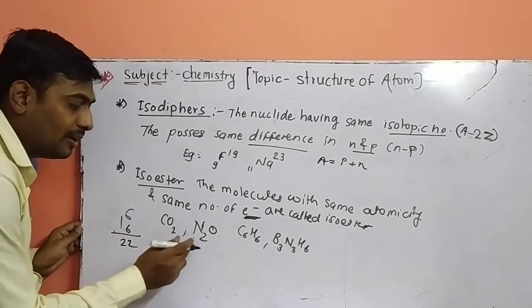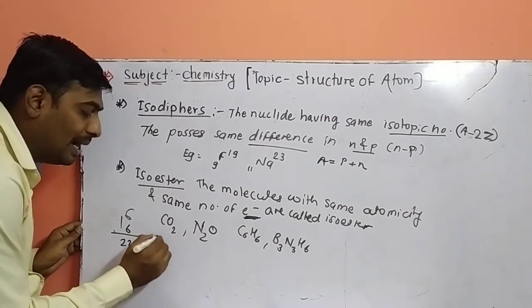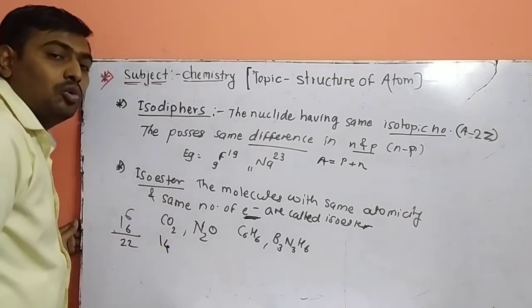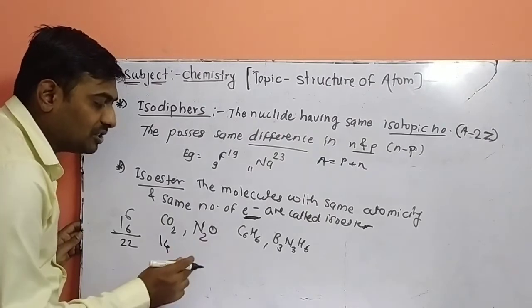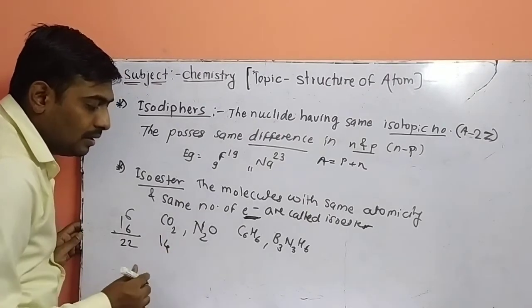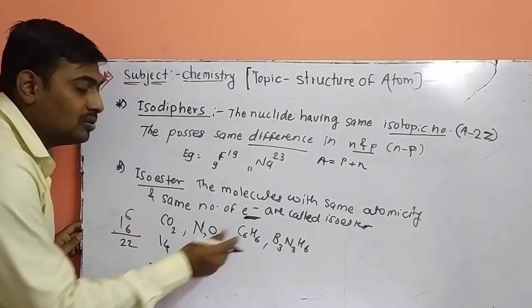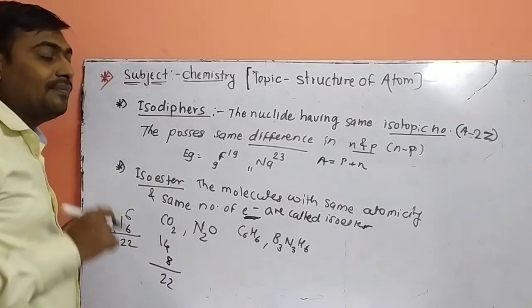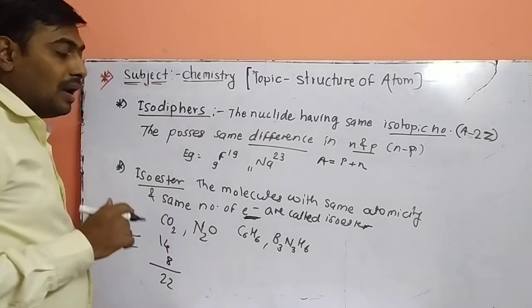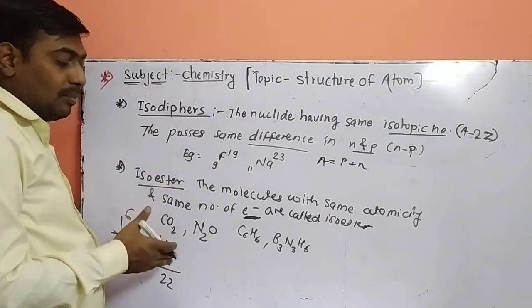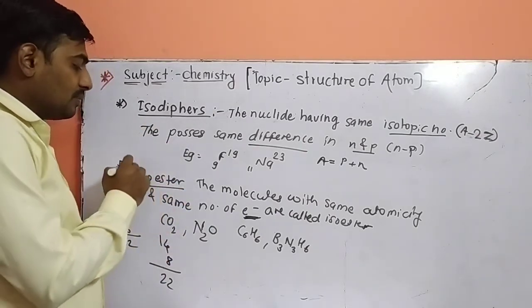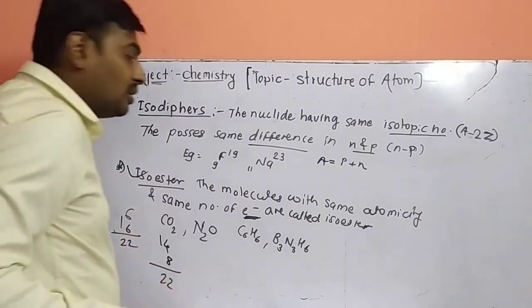Same with nitrogen. Nitrogen atomic number 7, and there are 2 nitrogen atoms, 7 twos are 14. Oxygen atomic number 8 means 8 electrons. 14 plus 8 is 22. Same with these species. If the number of electrons and the number of atoms is the same, the species are called isoesters.